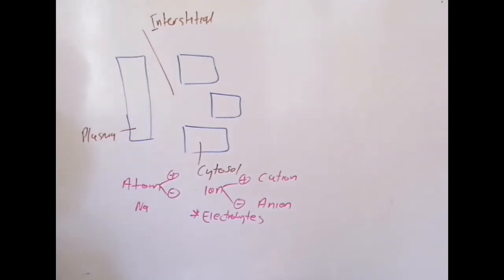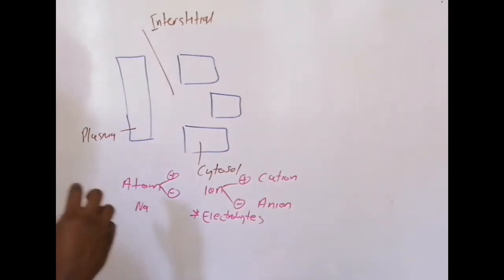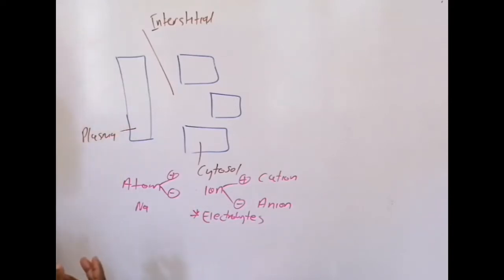Now, it was found that inside the cell there are positively charged ions, which are cations, and also negatively charged ions, which are anions, and also on the outside.